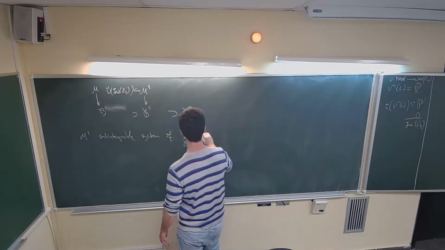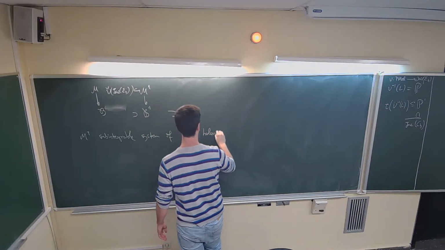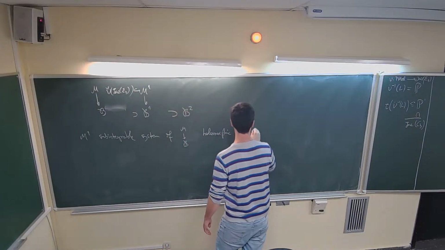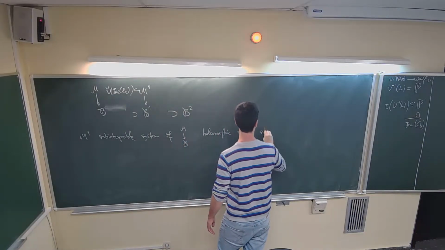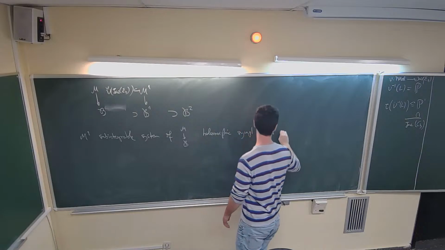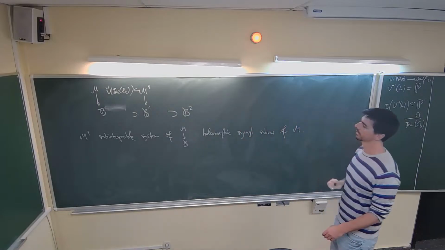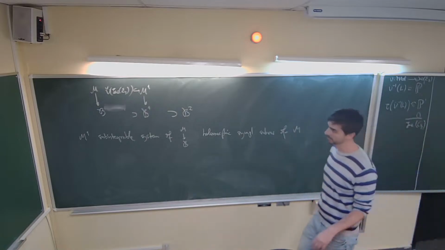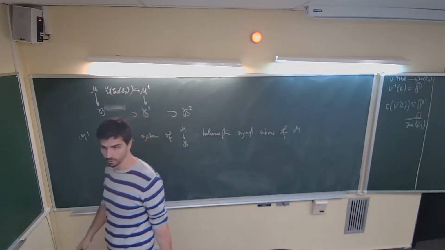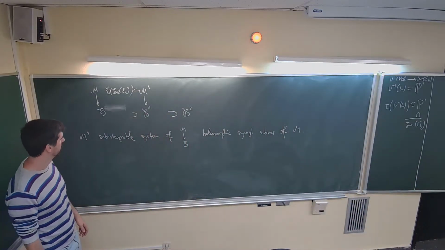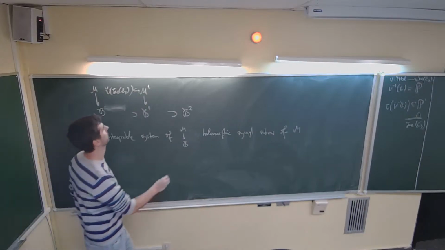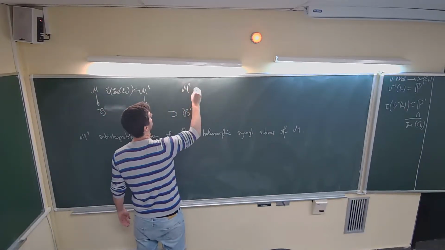And one can show that this is a holomorphic symplectic subvariety. So the holomorphic symplectic form restricts, giving a holomorphic symplectic form on this subvariety. And one can do the same.